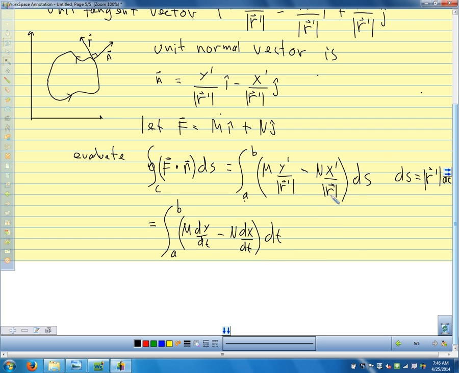The r primes in the numerator and denominator cancel out. Well, now I have a dt in the numerator and denominator. So this gives me the integral from a to b of m dy minus n dx.